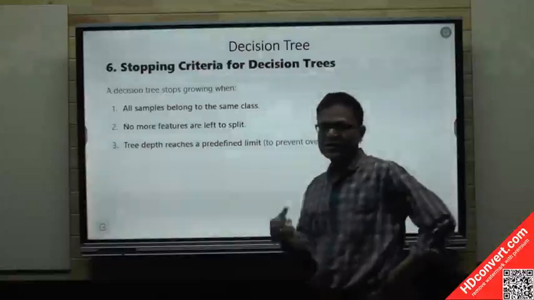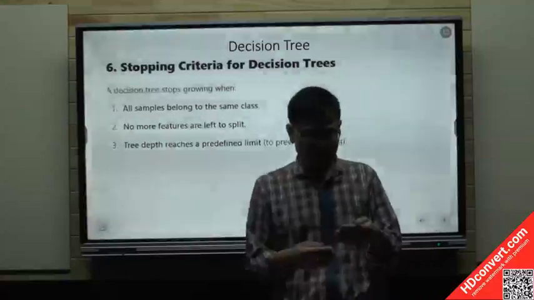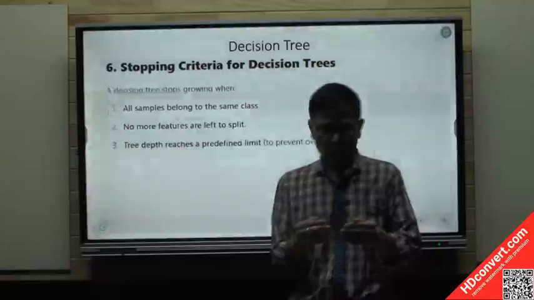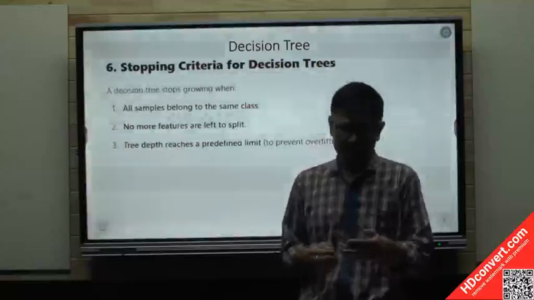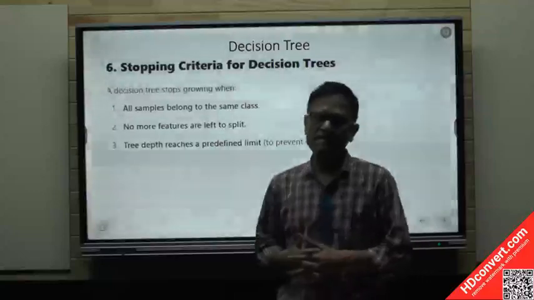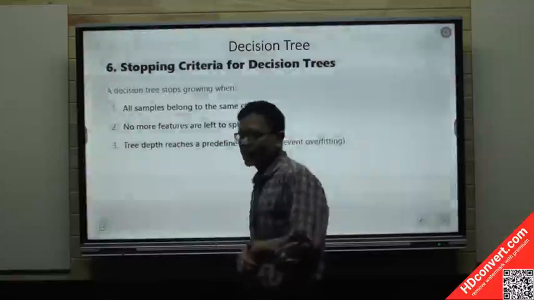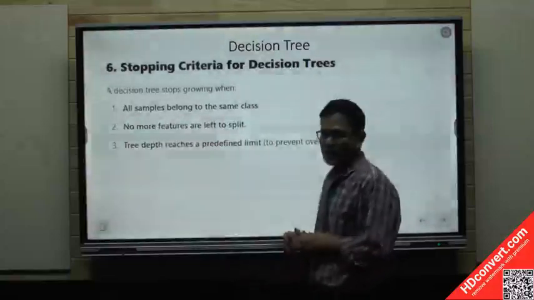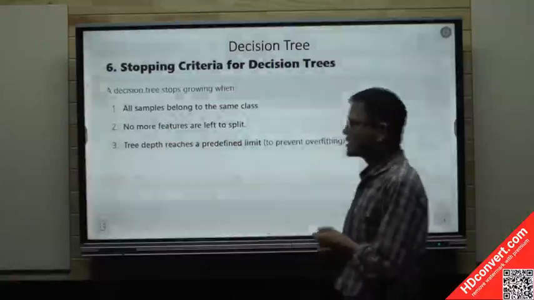Okay, so this is how you keep on doing. It's a recursive algorithm. You keep on splitting the nodes until your data set is exhausted. So when the data set is exhausted, you will have the decision nodes. So what would be the stopping criteria? Of course, the first one is all samples belonging to the same class. That means no further split is required. No more features are left to split.